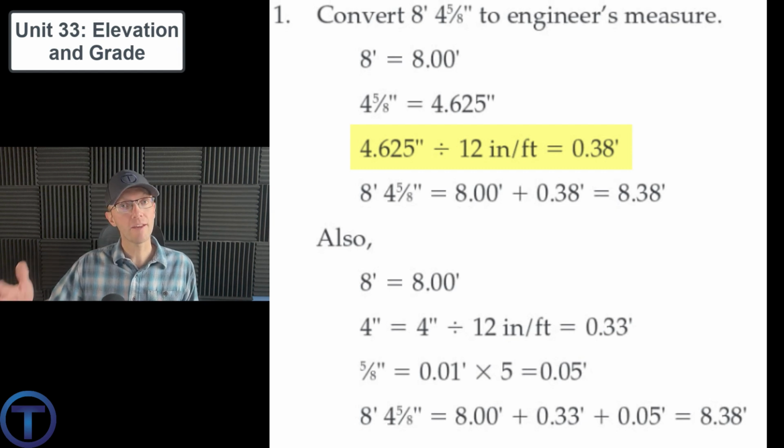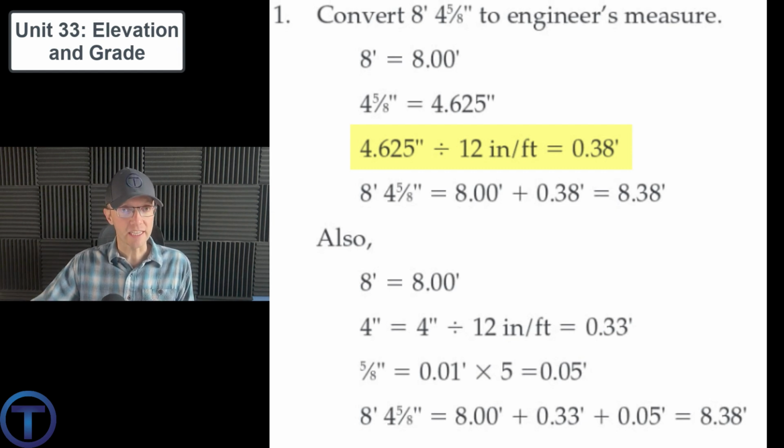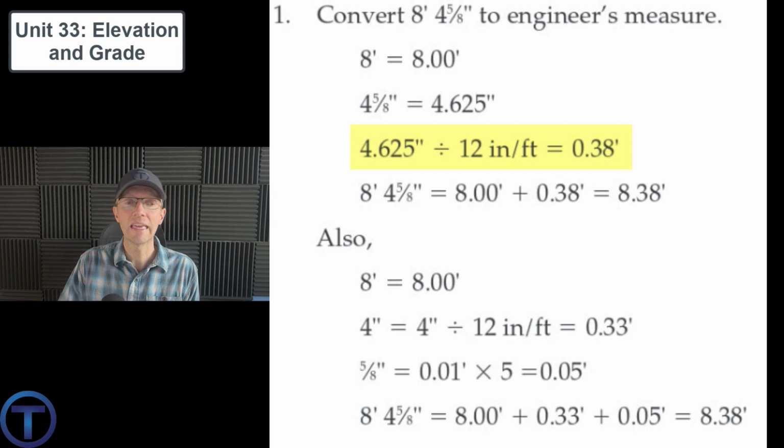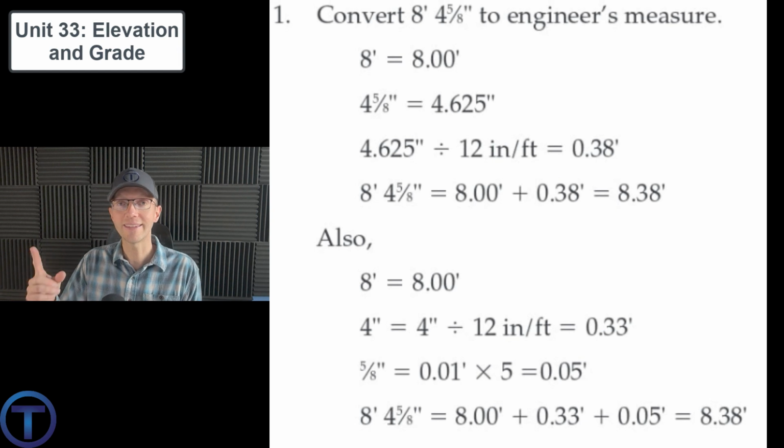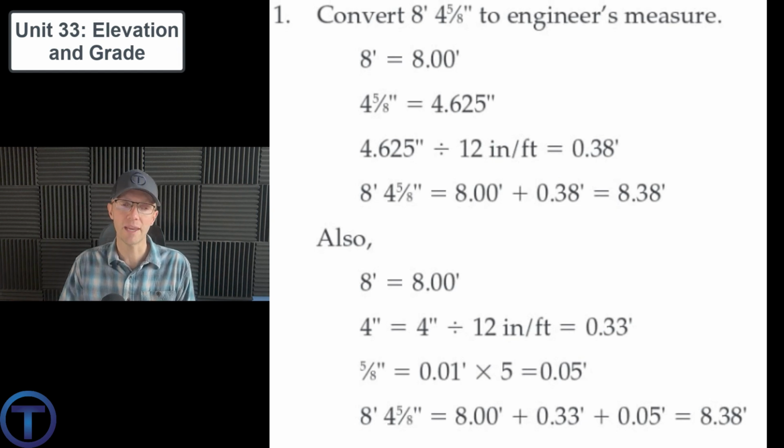If you remember, when we convert inches into feet, we divide by 12. So 4.625 divided by 12 inches in a foot equals 0.38 decimal feet. Now we've converted that same measurement, 4 5/8, into a decimal inch measurement, and then into a decimal foot, which is 0.38.